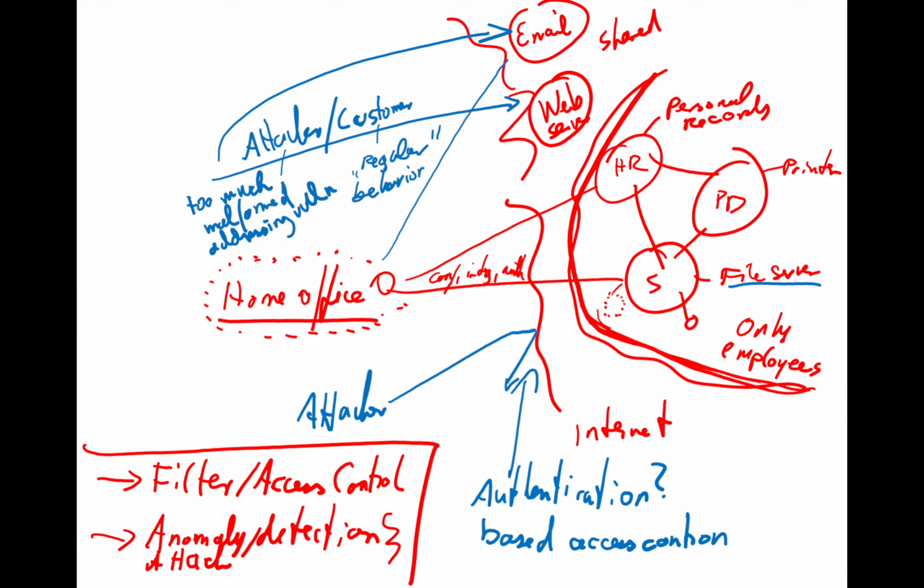Maybe one question: should really no message from outside be able to enter the internal network? Or should we make some exceptions? So let's say the HR department. What kind of data should still be allowed to reach the HR department from outside of the network? Or should we have a filter?